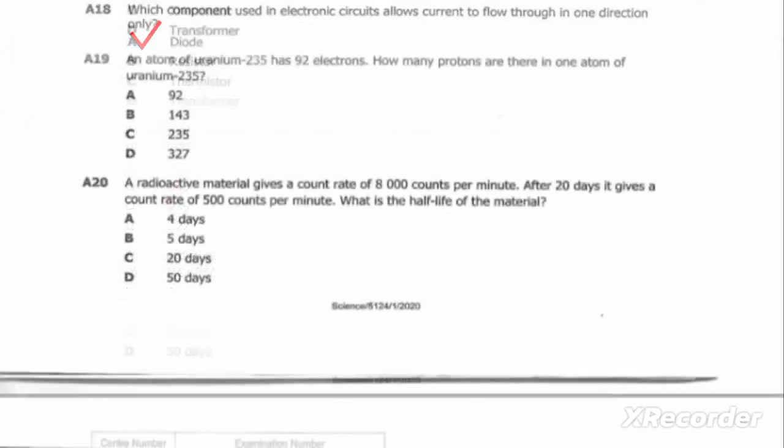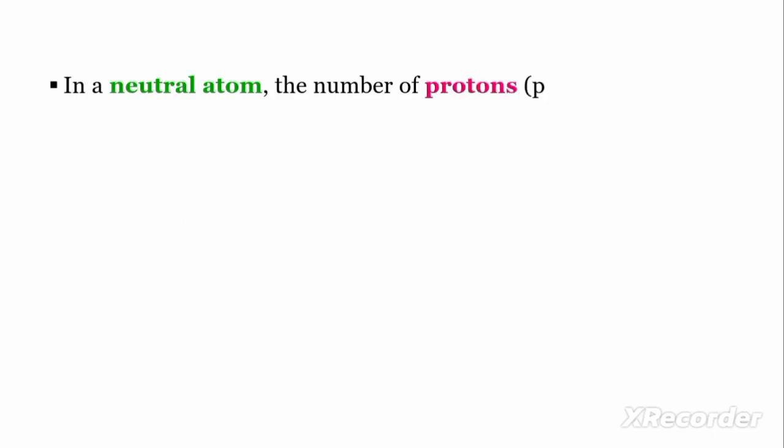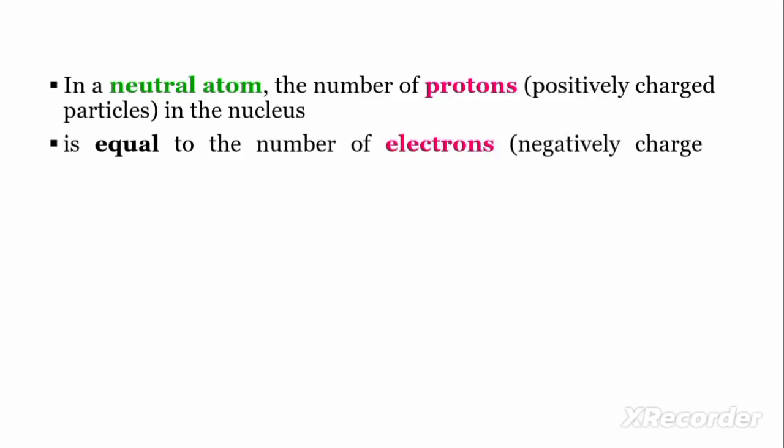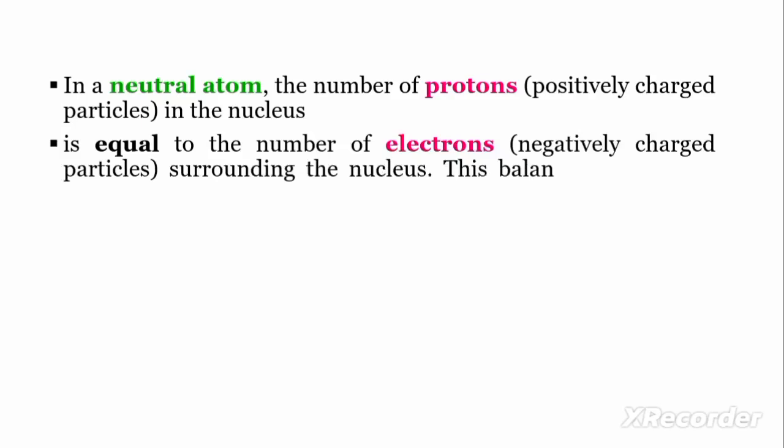So to answer this question, we need to remember that in a neutral atom, the number of protons, positively charged particles in the nucleus, is equal to the number of electrons, the negatively charged particles surrounding the nucleus.